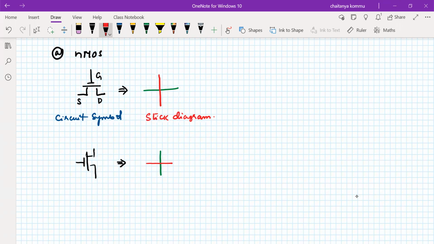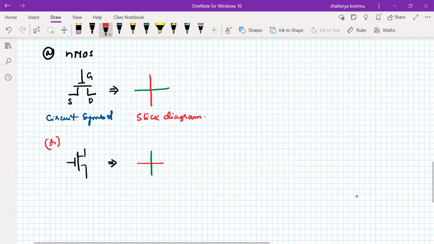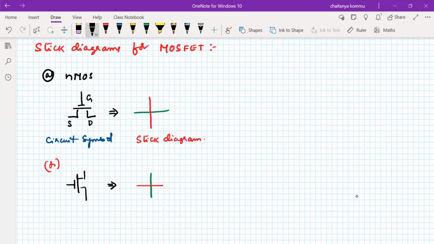Clear? So that's what we have to remember. The orientation is not important. The thing is that when the red line is crossing the green line, a transistor will be formed, undoubtedly.